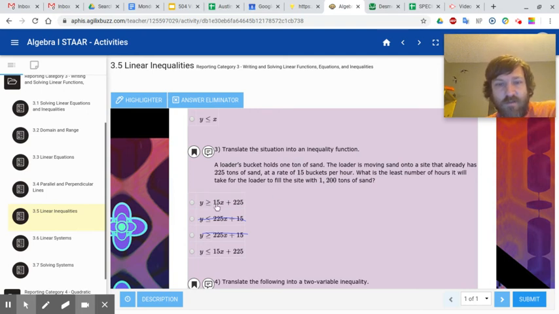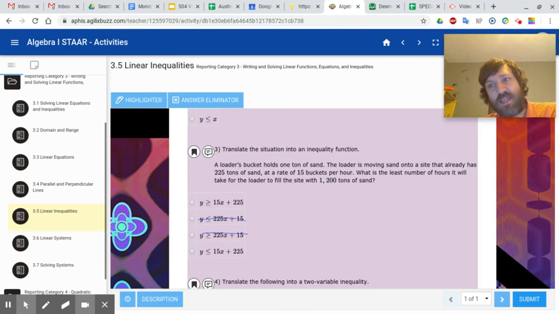So it either has to be 15x plus 225, and it's got to be greater than that or less than that. And it says, what is the least number of hours it will take? This is where it gets a little confusing, but because it says what is the least number of hours, we want to know the lowest and everything above.